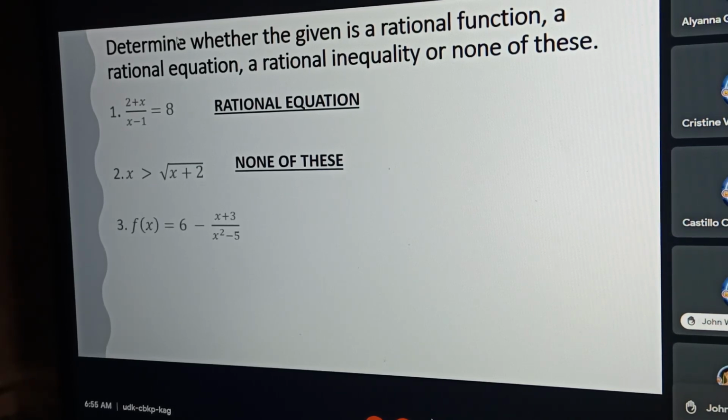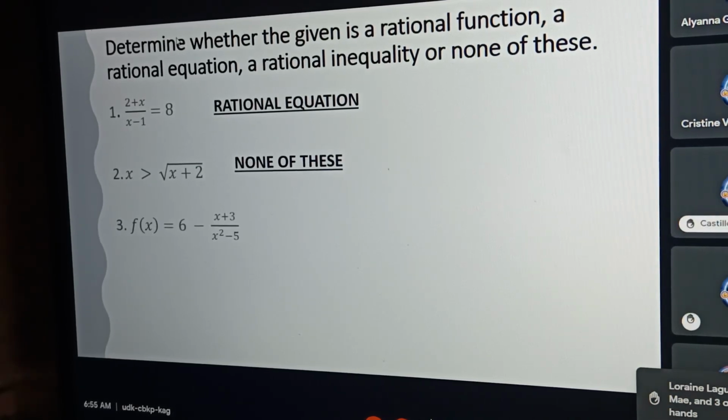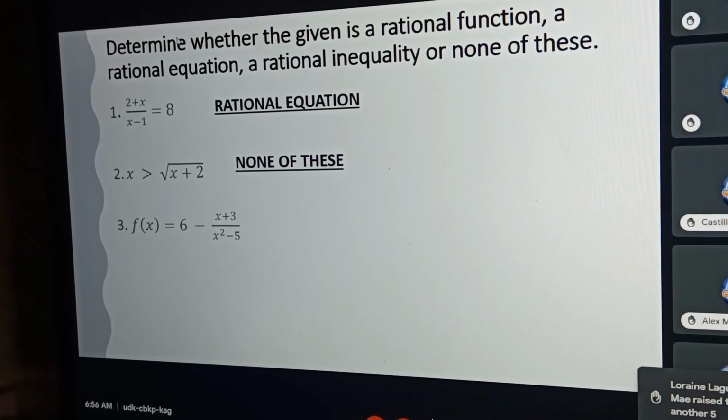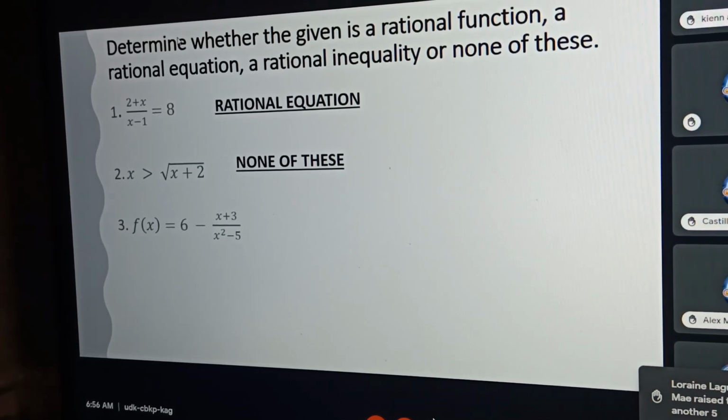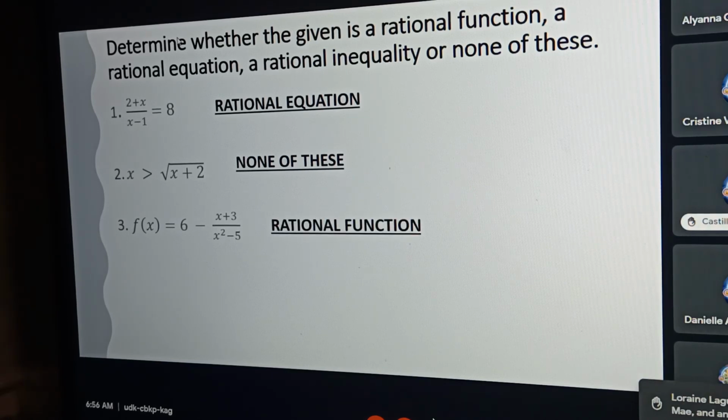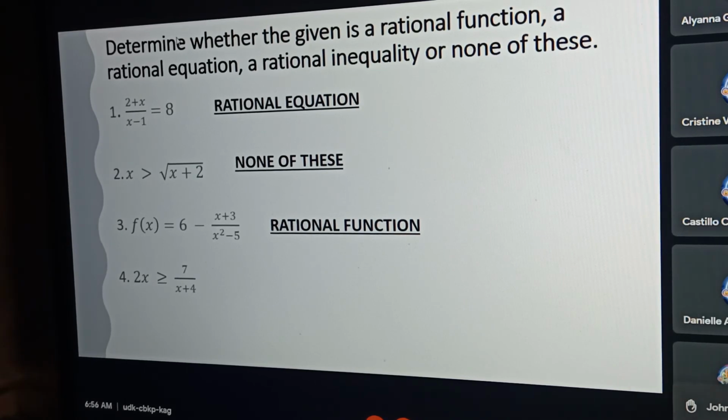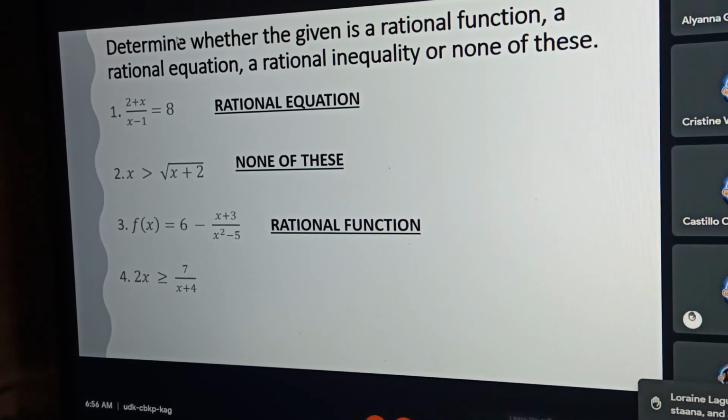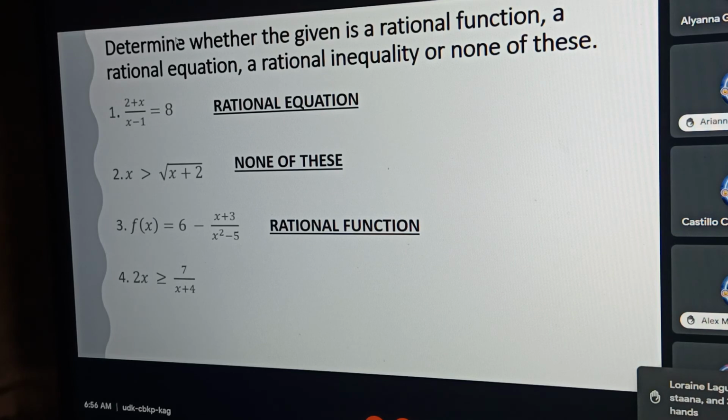Okay, number 3, we have f of x is equal to 6 minus x plus 3 all over x squared minus 5. Rational function po. That's correct, this is a rational function. How about number 4? 2x is greater than or equal to 7 over x plus 1.